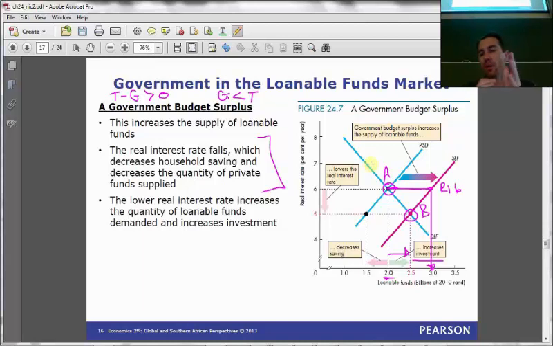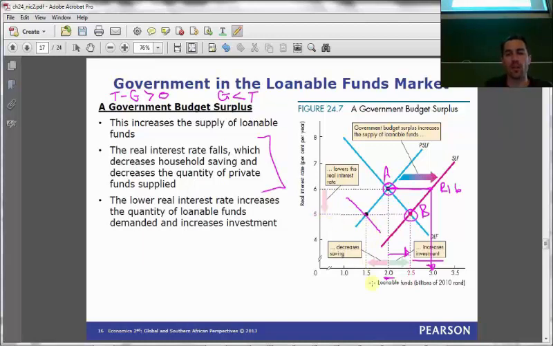If you look at a different textbook, you might find that they describe a budget surplus not as a shift to the right in the supply curve, but as a shift to the left in the demand curve. And the shift to the left of the demand curve, if we were to show it on the same diagram, would correspond to a level of demand going through this point over here where we have the same equilibrium interest rate.